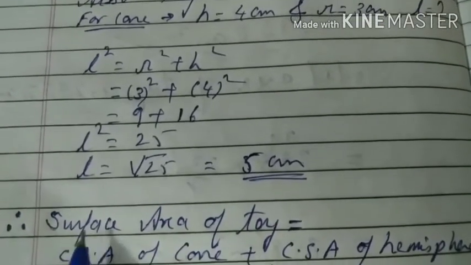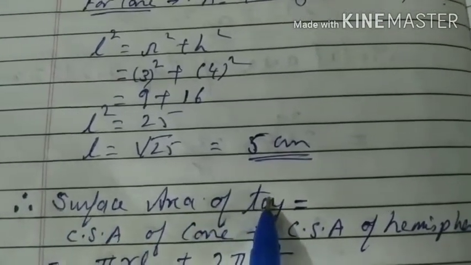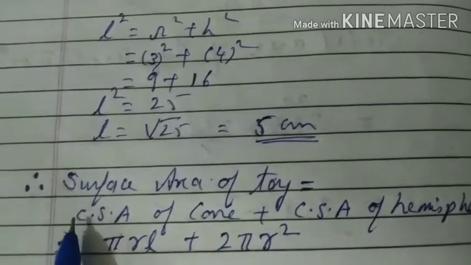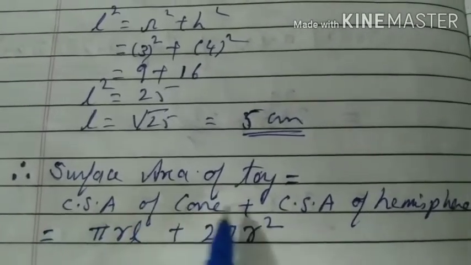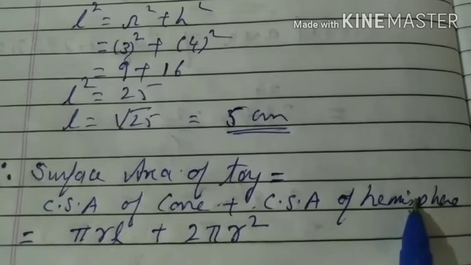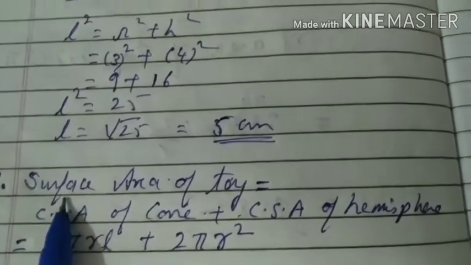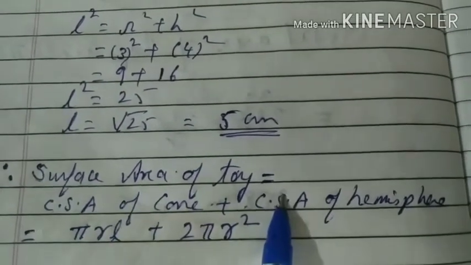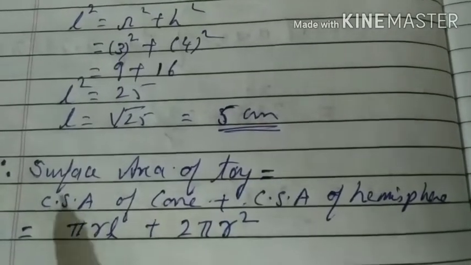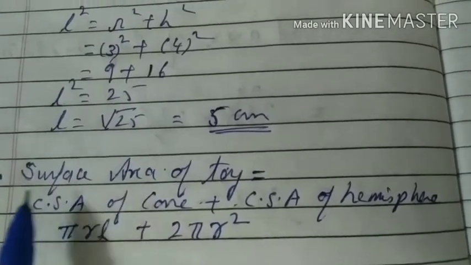Now see, I want to find curved surface area of toy. So curved surface area of cone plus curved surface area of hemisphere. I will add these both. So I will get the surface area of the toy. I want to find volume as well as surface area.